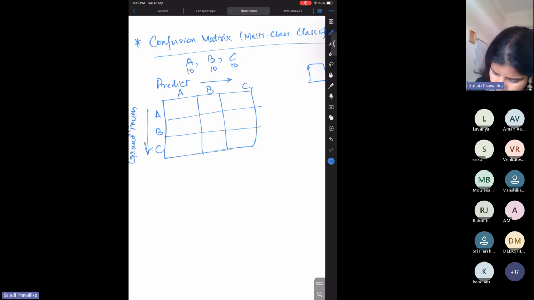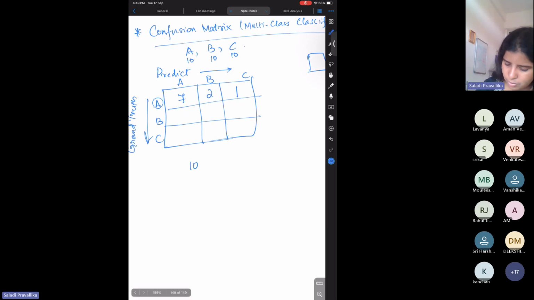Let us say for the 10 images that are A, it has predicted that 7 are A, 2 are B, and 1 is C. When it came to B, it has predicted 8 are B, 1 is A, and 1 is C. And when it came to C, it has predicted 9 as C correctly, and 1 as B, and none as A.